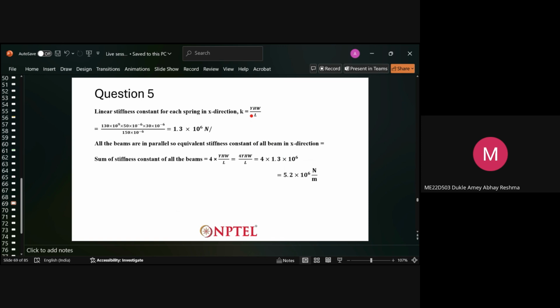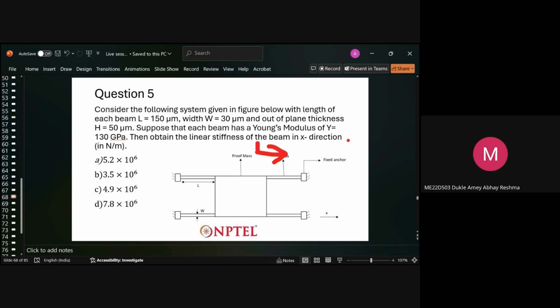Now all the beams are moving in the x direction. These two are parallel. The deflection that these two will have will be equal to the negative of the deflection of these two. If these are deflecting from here to here by delta x, these beams will also undergo deflection of delta x.